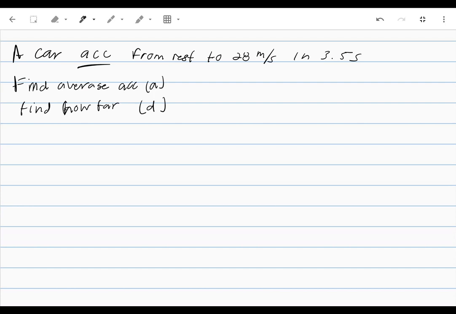What you want to do first is isolate the variables you know already. From the words "from rest," your initial position, or it can be x, would be 0. And then your final velocity would be 28.